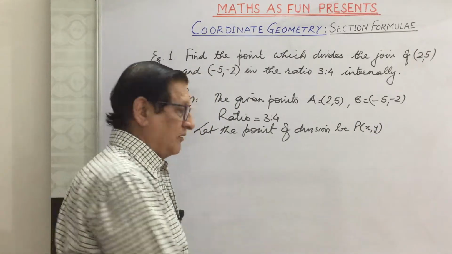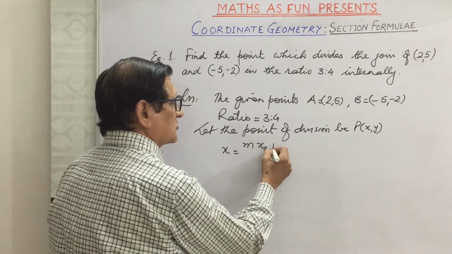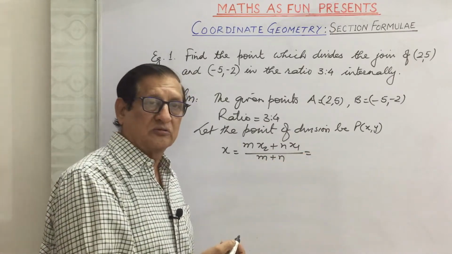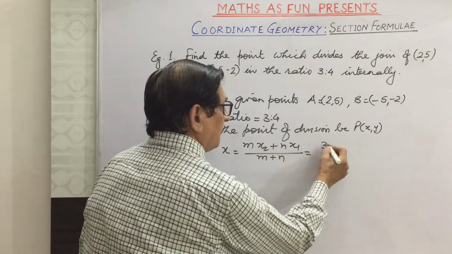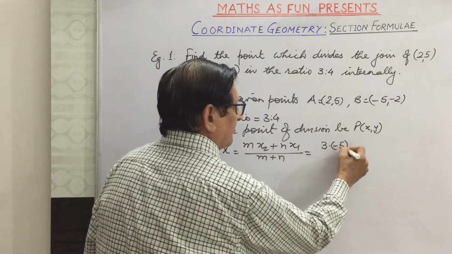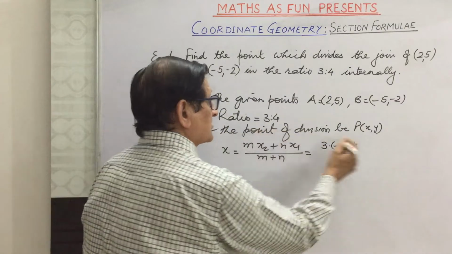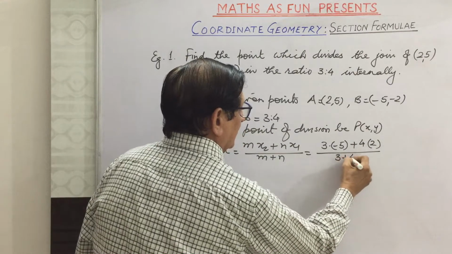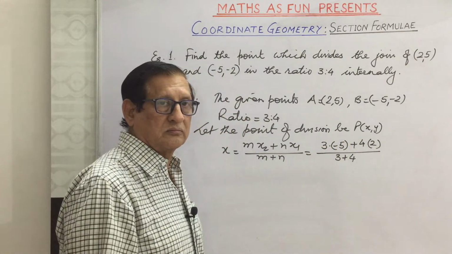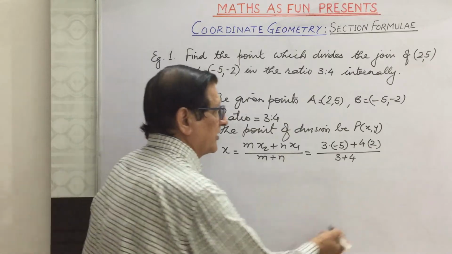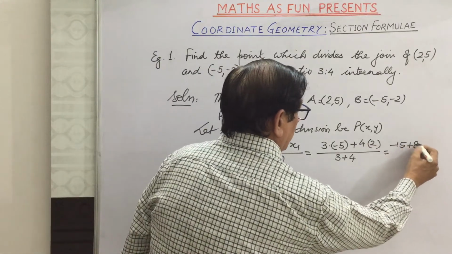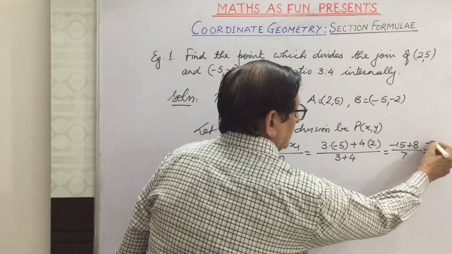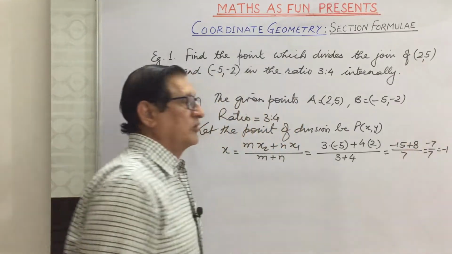Then we write the formula: x is equal to mx2 plus nx1 upon m plus n, and we substitute the values. m is 3, x2 is -5, plus n is 4 and x1 is 2, upon m plus n, that is 3 plus 4. We simplify. This is -15 plus 8 upon 7, which gives us -7 upon 7, which is -1.